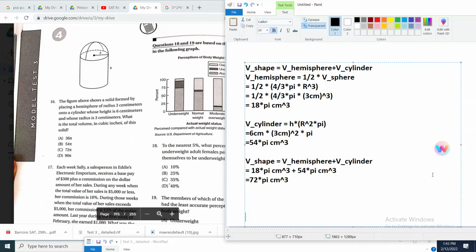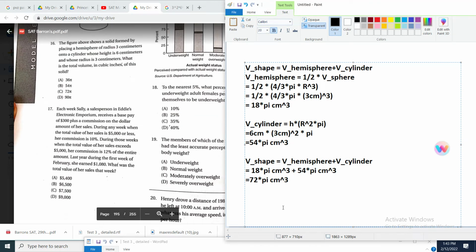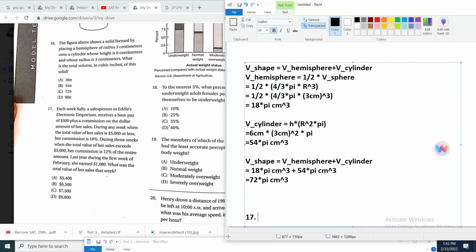Okay, so let's move on to question 17. Each week she received a base pay and a commission. So the base pay is $300 and the commission is based on sales.